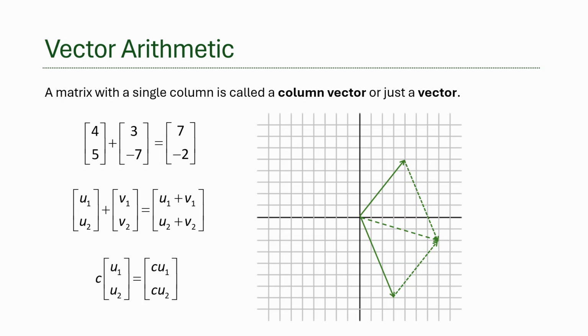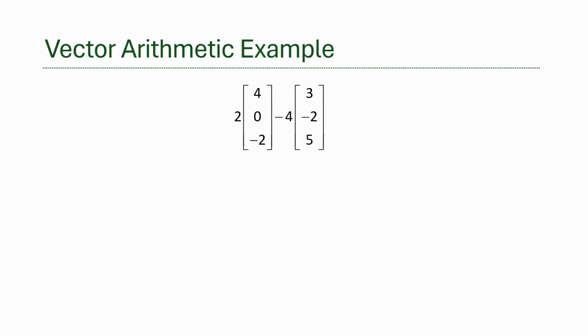Finally, we'll define multiplication by a scalar by just multiplying each term by the scalar. This has the geometric effect of stretching or shrinking the vector by a factor of the magnitude of c, and a negative scalar is just going to reverse the direction of the vector. So let's look at an example here. Say I want to combine these two vectors together. First, I'm going to apply the scalar rule.